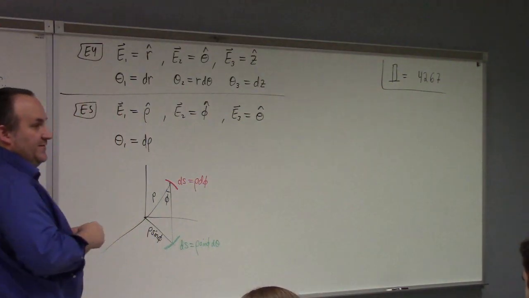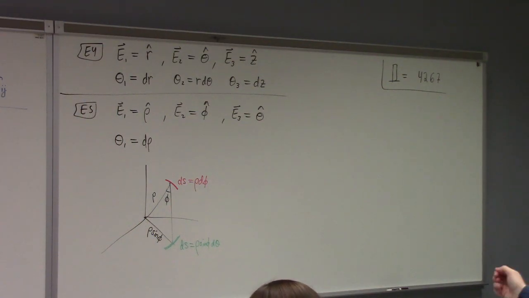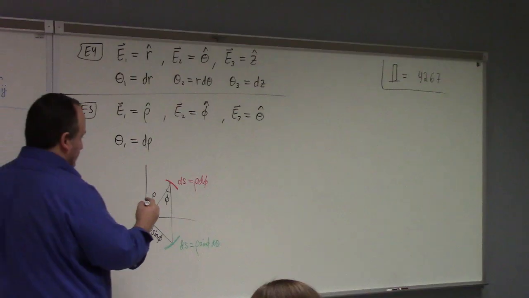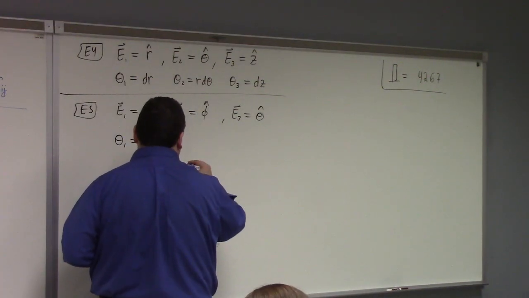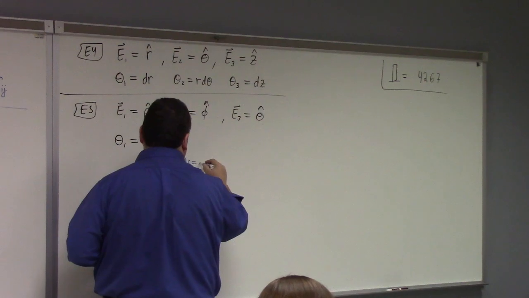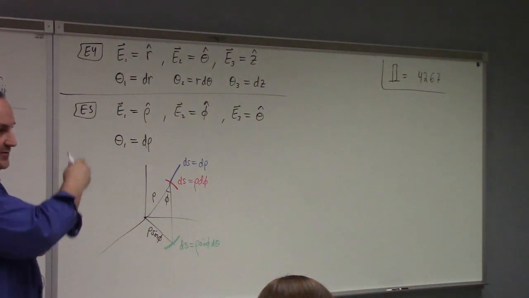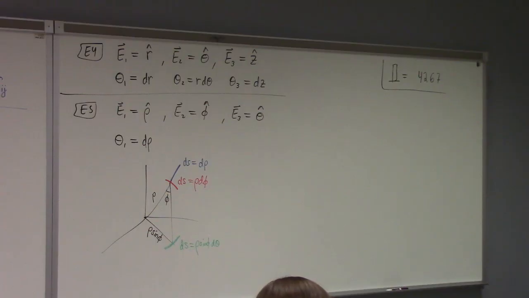If I fix the angles and sweep along the rho direction, my ds would just be d rho, fixing phi and theta. For the red, I'm fixing rho and theta and varying phi. In the green, I'm fixing rho and phi and varying theta.